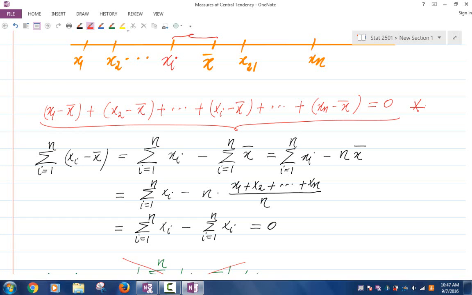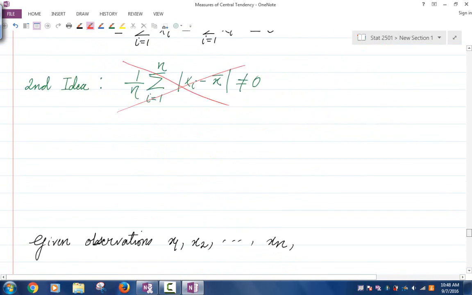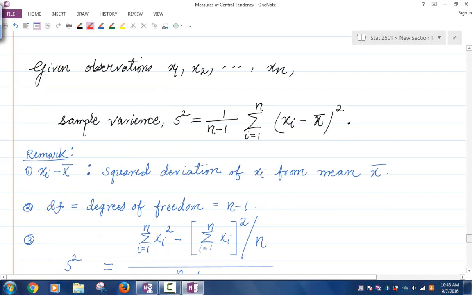Notice that the values of the first n-1 observations could be anything, could be random, because I'm picking things randomly, while the last one is not going to be random, because it will be determined in terms of the other ones. Because of that, n-1 is called the degrees of freedom.